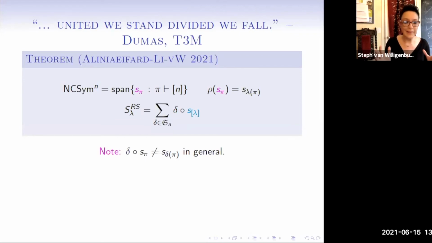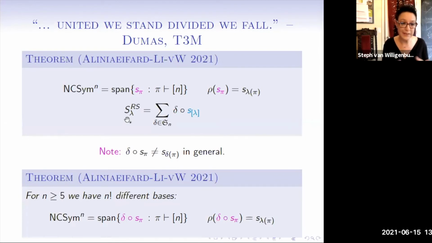Now, you might think that that's a bad thing, but it turns out to be an absolutely great thing, because you actually end up getting for each permutation delta a whole new basis of NC-Sim, such that when you let the variables commute, you get the classical Schur functions, which is pretty sweet.